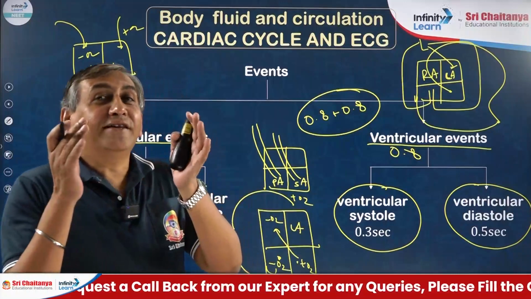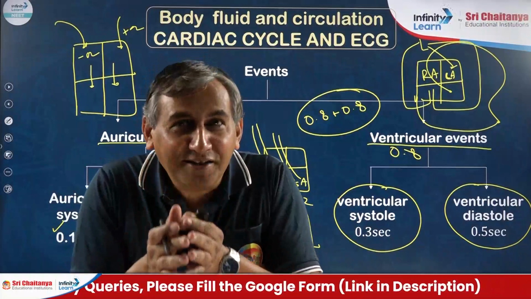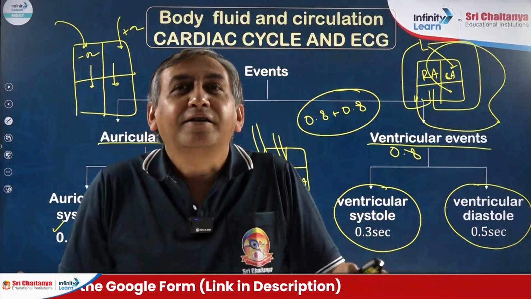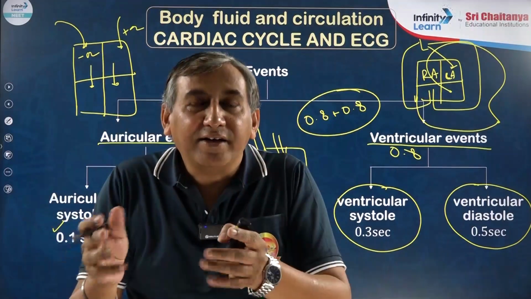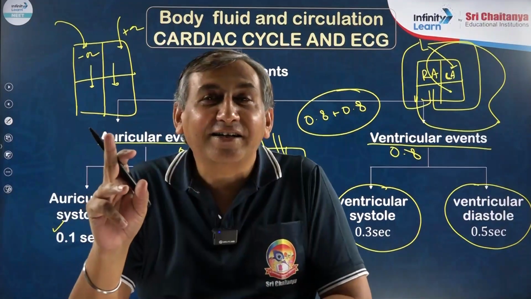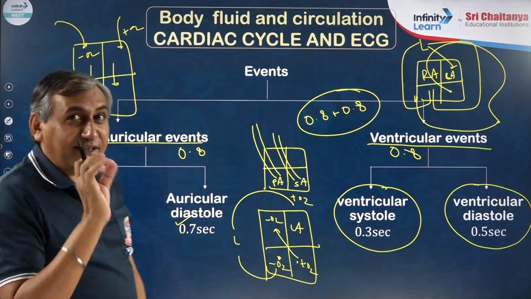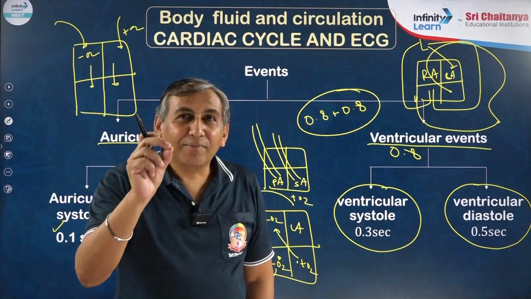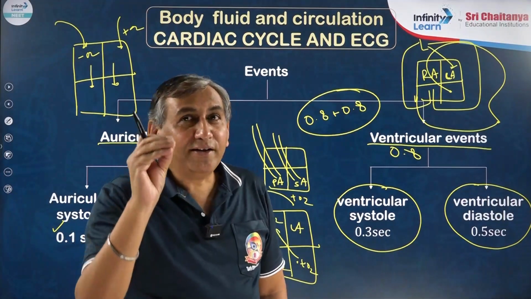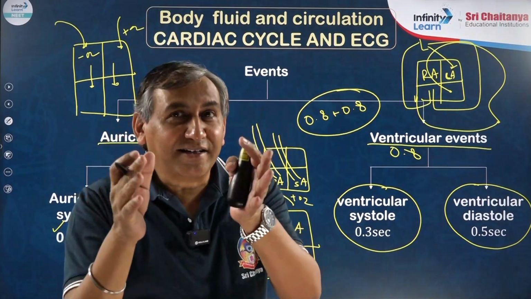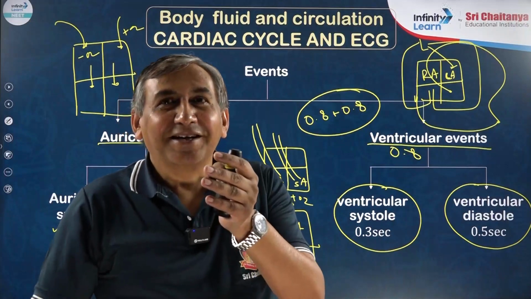Because when there is contraction in one chamber of the heart, there is relaxation in the other chambers. The atria and ventricles are not contracting at the same time. So when there is contraction in the atria, atrial systole, at the same time what is happening?